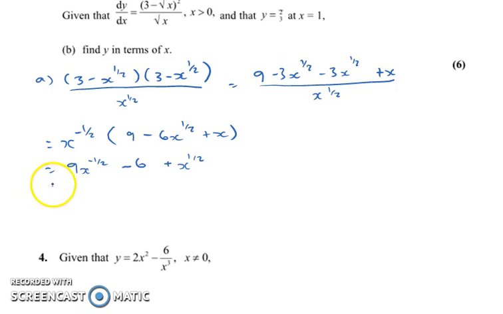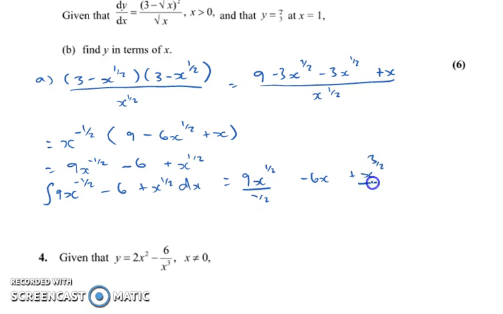So to find y, we're going to integrate this to give you 9x to the minus a half minus 6 add x to the half with respect to x, which is 9x to the minus a half add 1 is a half, divided by a half, minus 6x, add x to the 3 over 2, divided by 3 over 2, add c, which simplifies to 18x to the half, minus 6x, add 2/3 x to the 3 over 2 plus c.